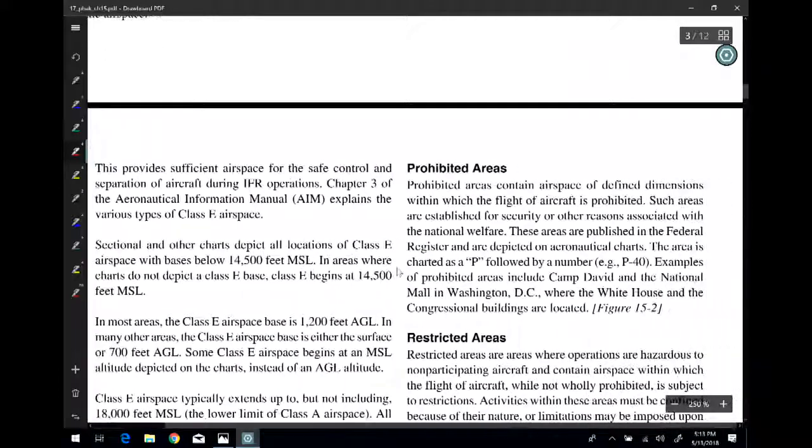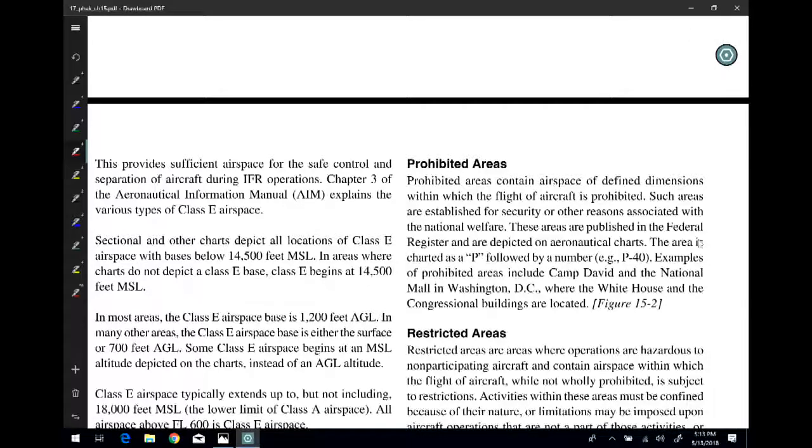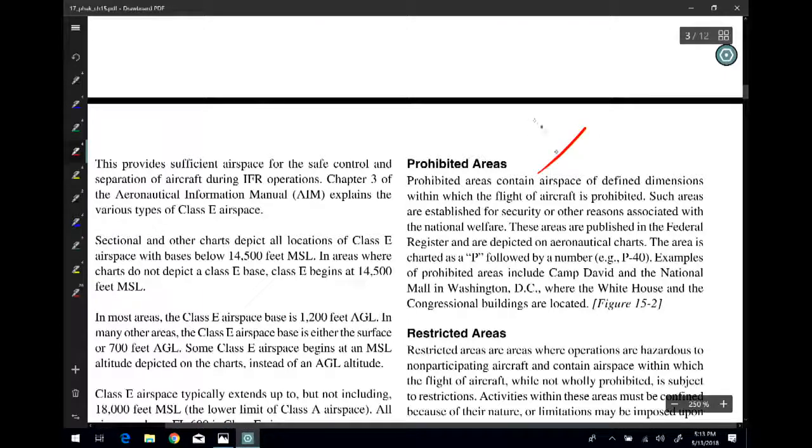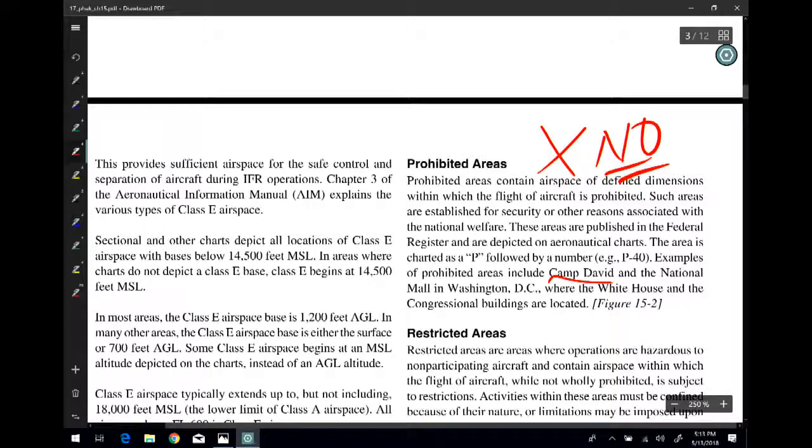So if we look at prohibited areas, most of them, for reasons of national security or the national welfare, you can't fly. So prohibited, no. Okay? You can't do it. One of the quickest ways to get shot down is to fly over Camp David, the National Mall in DC, or the White House.